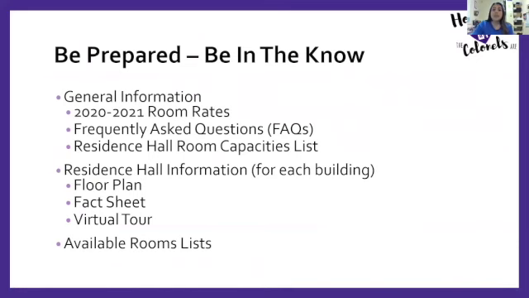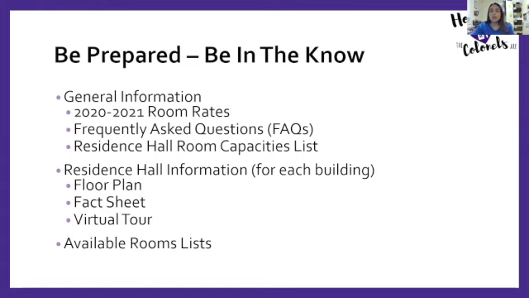A lot of this information has been linked either in the Curry emails that you've received or also available on the housing selection checklist that Jim has referenced as being on the My Curry portal, so go ahead and check that out. Those links link to our Google Drive documents that you can access at any point. This is a general overview of what we have available to you all.